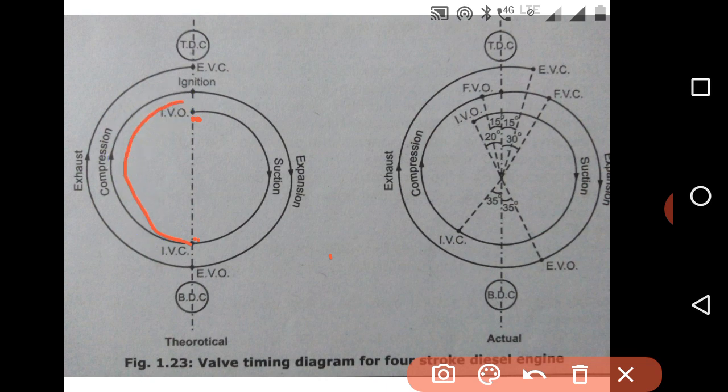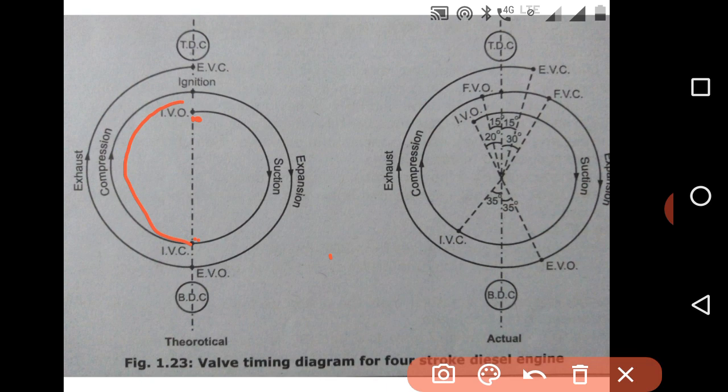Whatever air is there gets compressed due to the movement of the piston from bottom dead center to top dead center. Just before the end of the compression, we inject the fuel inside the combustion chamber.